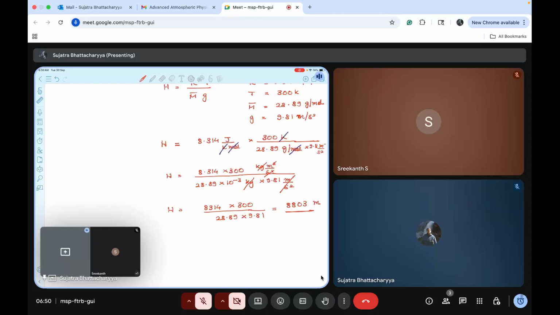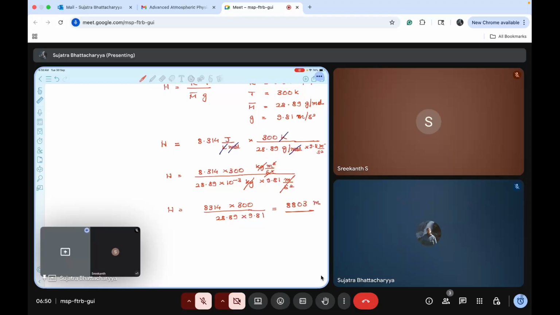Now, what is the meaning of that? We have calculated the scale height, but what is the meaning of that? The meaning is that if your initial pressure at the surface is P naught, in that particular atmosphere, you have to go to 8.8 kilometers height where your pressure becomes the surface pressure divided by the exponential of 1, that is e.